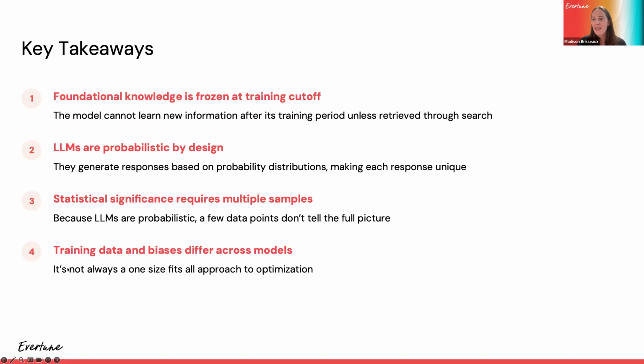There are tools out there. Evertune has one. We call it Site Audit, which essentially scans your entire website to understand how your website is structured, how each page is structured, and if it's optimized for AI visibility.